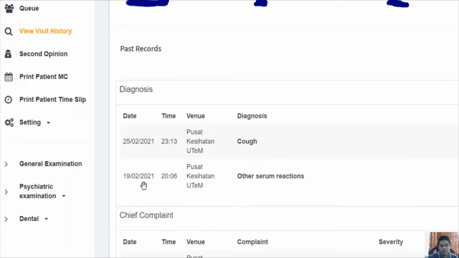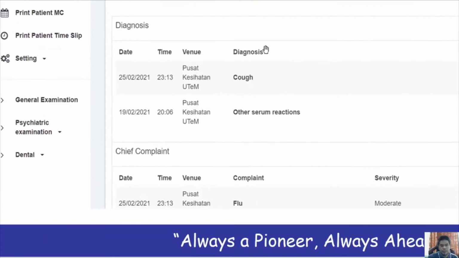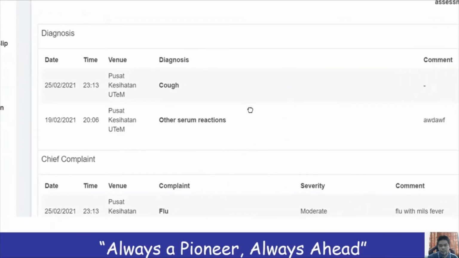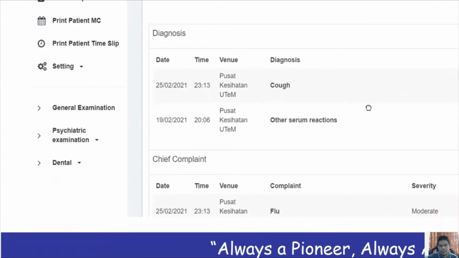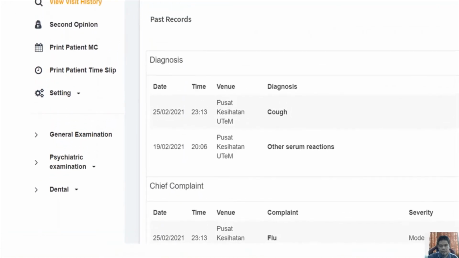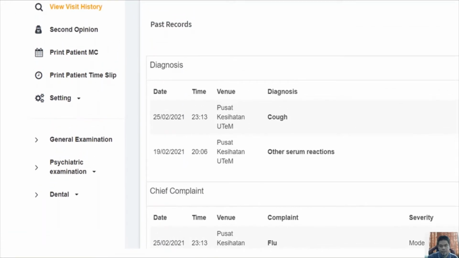On the 19th of February you had a serum reaction, okay? On the 25th of February you had flu, okay? So this is very comprehensive information. The doctor can browse and see the chronology of your health.